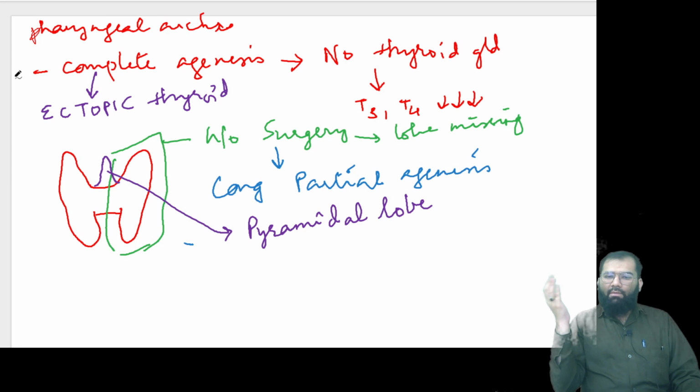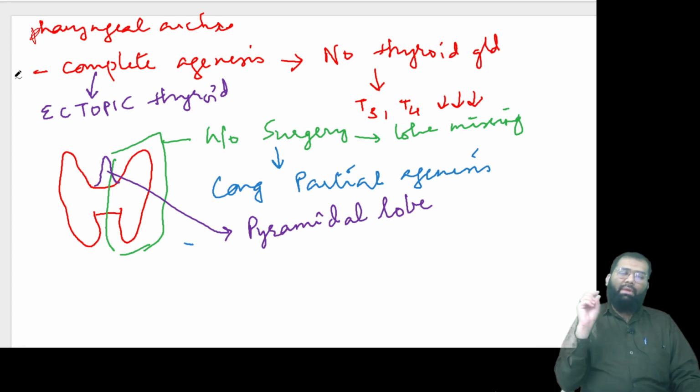But before that, we went for an ultrasound, and on ultrasound we found that the swelling he was complaining of was actually the only thyroid tissue present in his body, ectopic thyroid tissue, because his normal thyroid gland was absent. There was a complete agenesis of thyroid gland in his neck region, and there was ectopic thyroid tissue in the submandibular area. So sometimes you have ectopic thyroid tissue also.